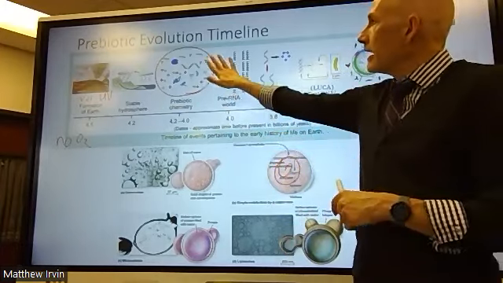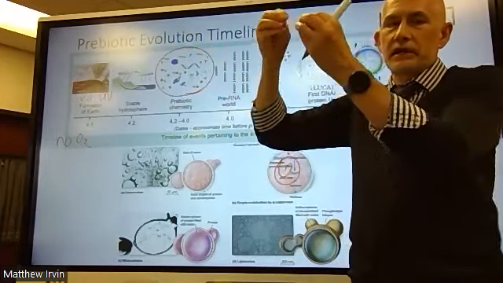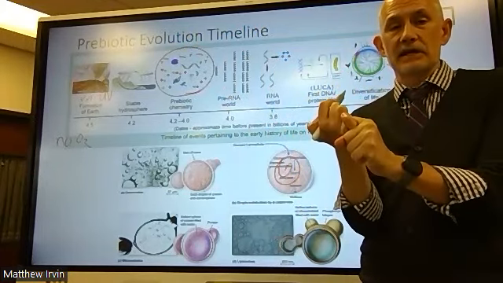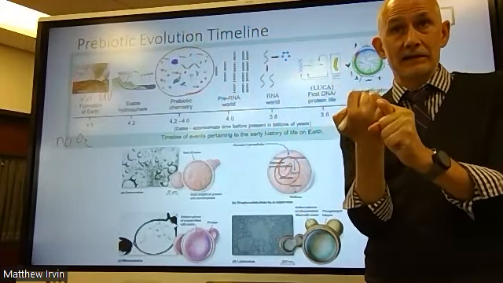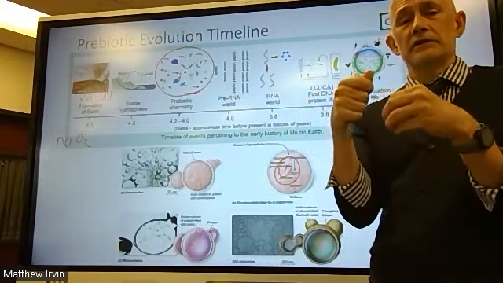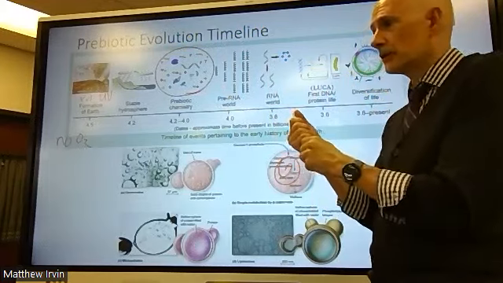And so then you start having these things bond together. So again, the role of clay as an inorganic catalyst that can drive dehydration synthesis and the formation of polymers.